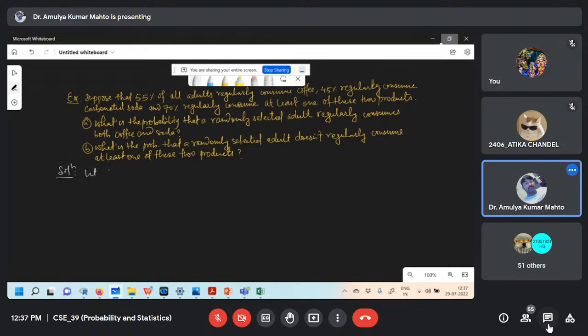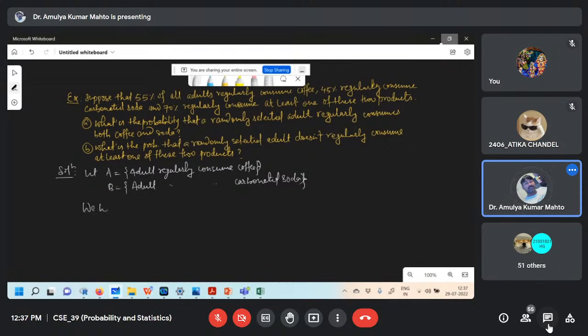Let A be an event denoting the adult regularly consumes coffee, and B is the adult regularly consumes carbonated soda, and you may consider or you may not consider.